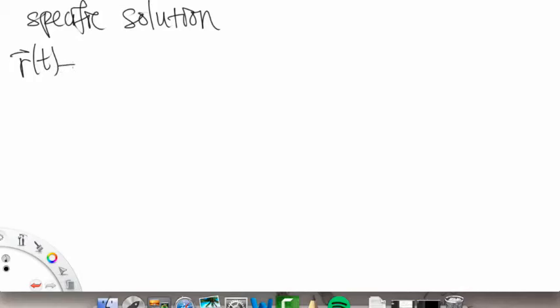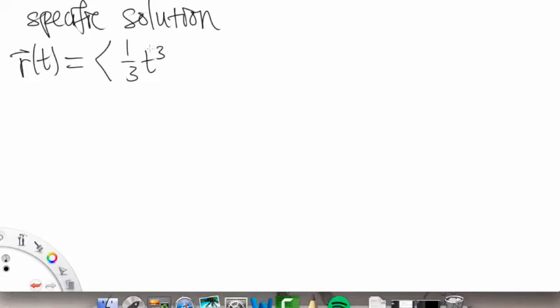So r of t, this is our specific solution. Okay, so this is going to be our general solution, basically, where we plug in what we just solved for, which was our constant vector d.